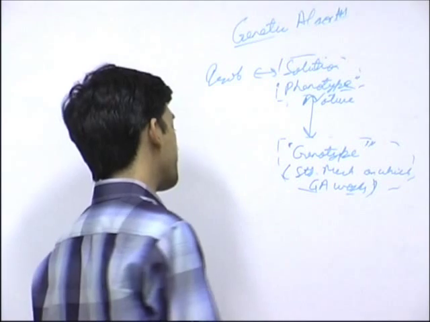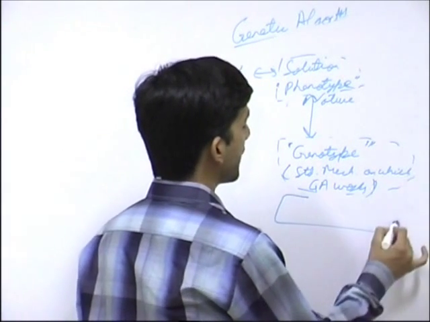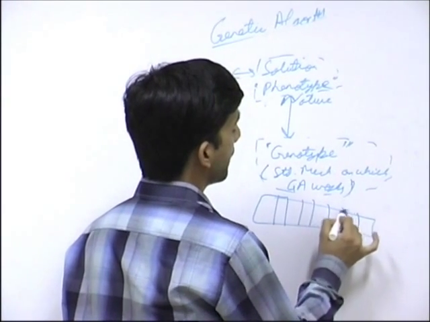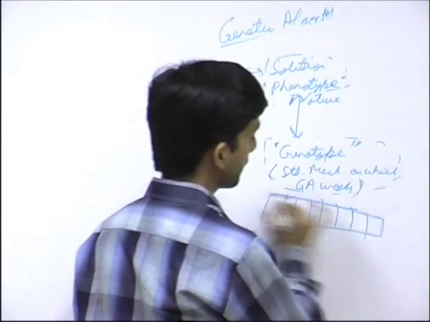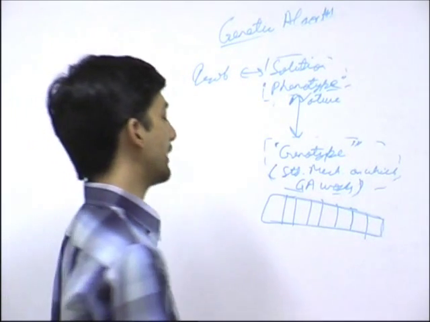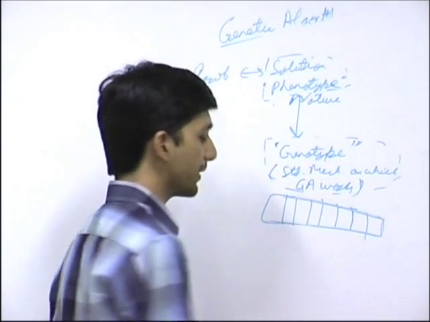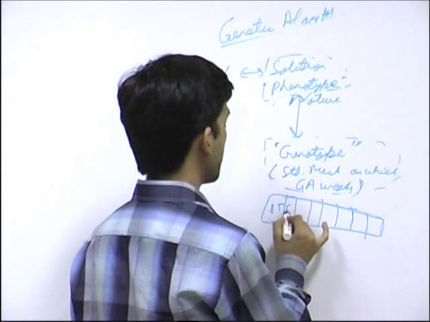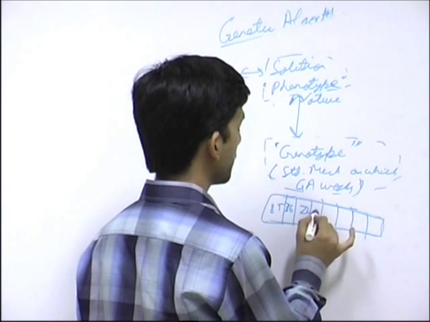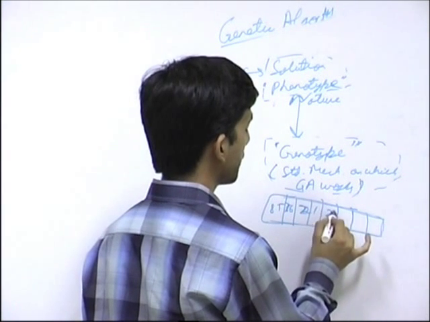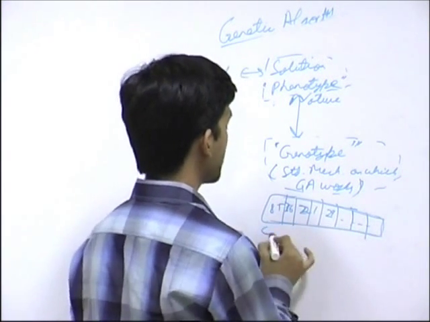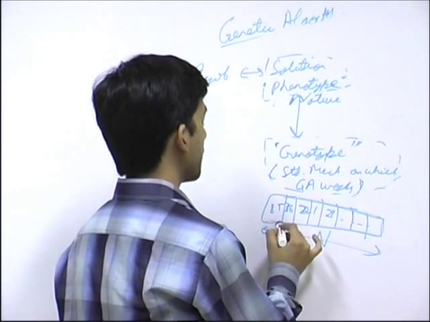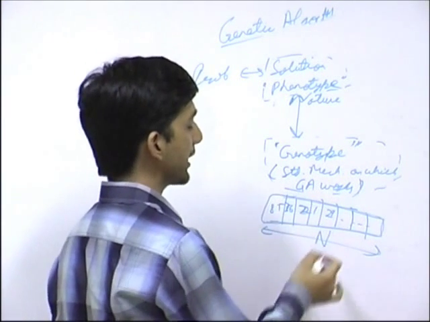So I would assume that my individual is nothing but a collection of numbers, and so on. This would be assumed to be of a finite length n, and all these are numbers.